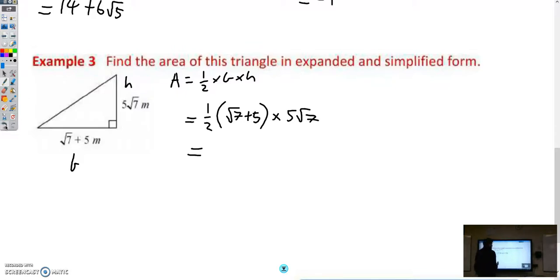Alright, now you can do this a couple of ways. I'm going to carry out the multiplication of 5 root 7 and the brackets first. So I'm going to leave the half on the outside. So we have root 7 times 5 root 7. Plus 5 times 5 root 7.